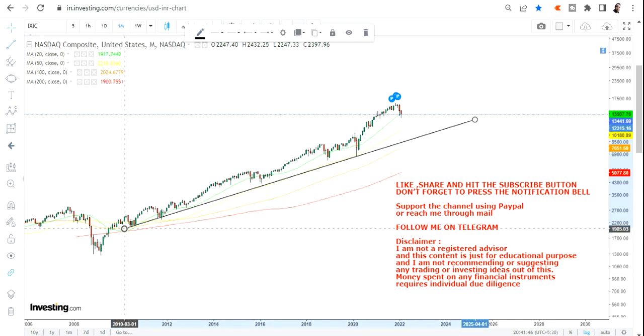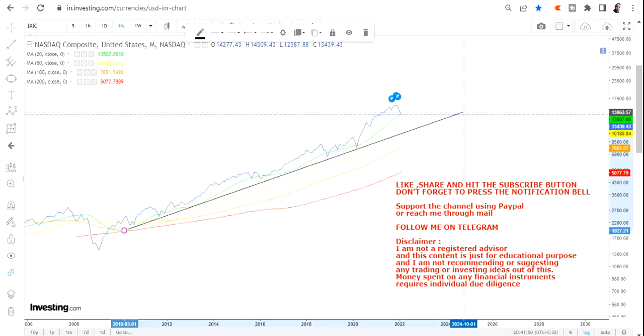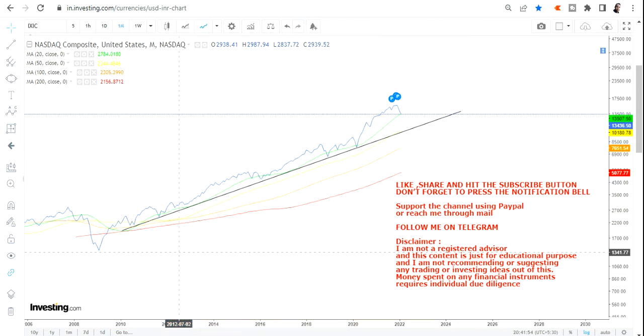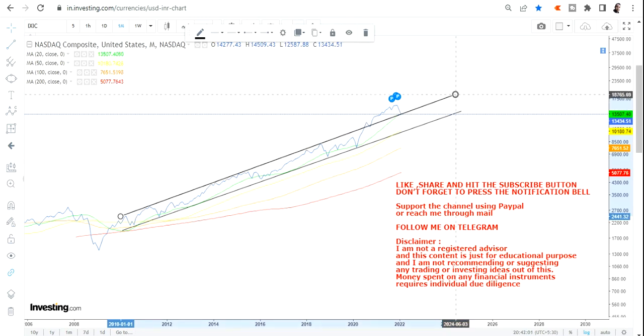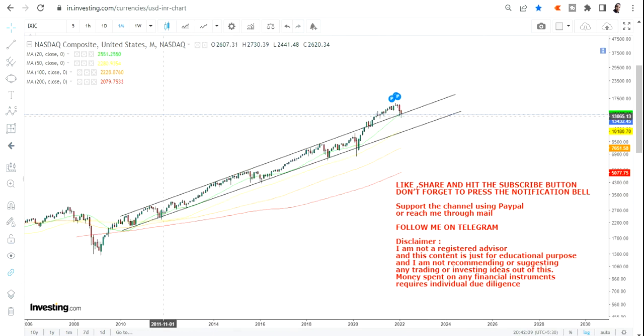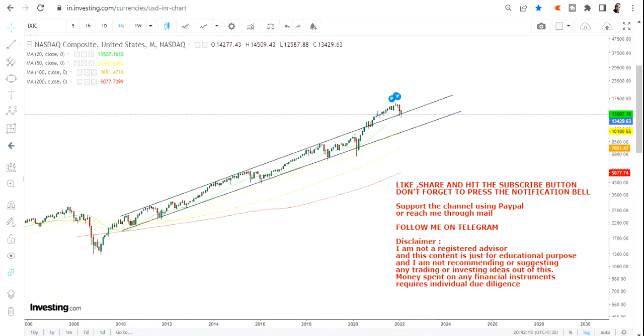And to look at the trend, let's go to the line chart rather than the candlestick chart. So what do we have here? What do you have as the least trend or the support which we can consider as our big support, from where we can consider some sort of base building? This is what we have on the upside, as I told you, and this is on the downside.